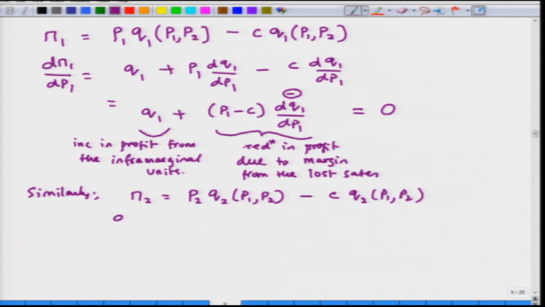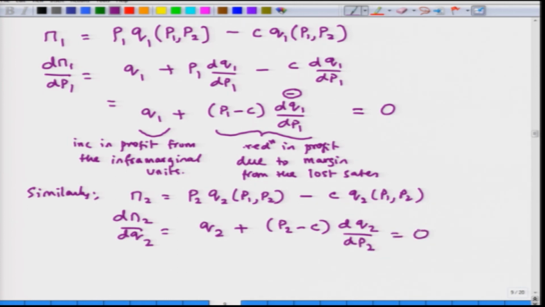Following a similar analogy, I am going to have a Q2 plus a P2 times dQ2/dP2 and minus C times dQ2/dP2. We will pull these two things together. So, this is Q2 plus (P2 minus C) dQ2/dP2, which is equal to 0.